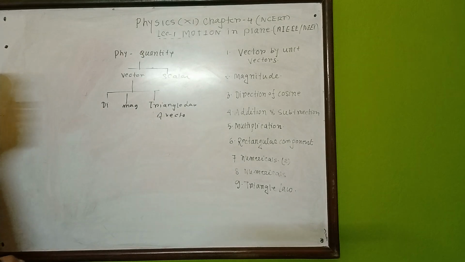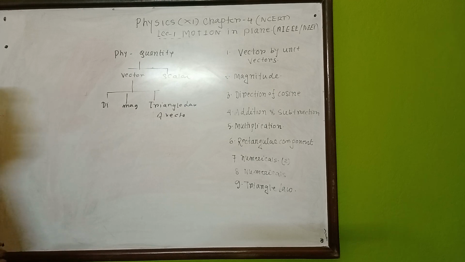For example, distance, speed, watt and power are all scalar quantities, but vector quantities include displacement, velocity, acceleration, force, momentum, electric field, magnetic field. Many quantities are vector quantities.